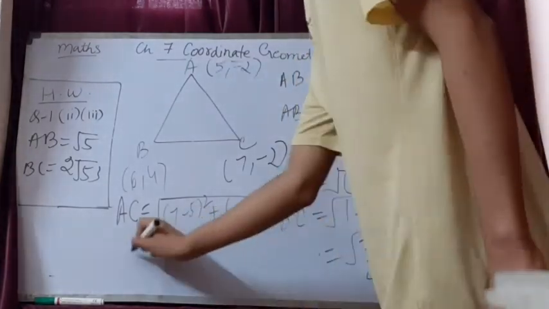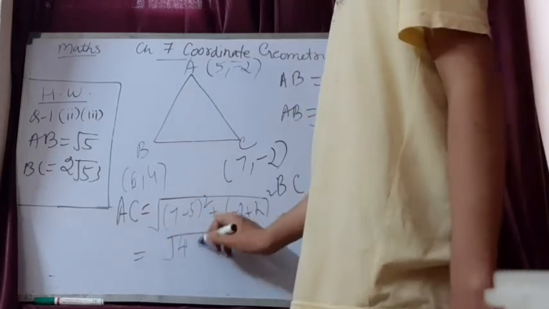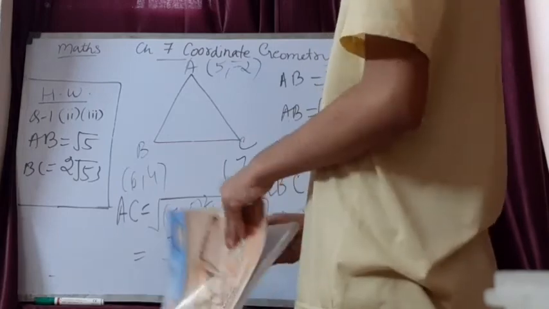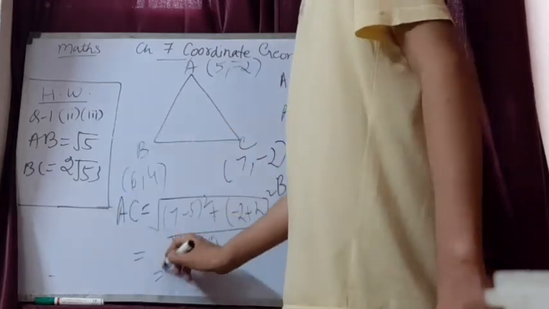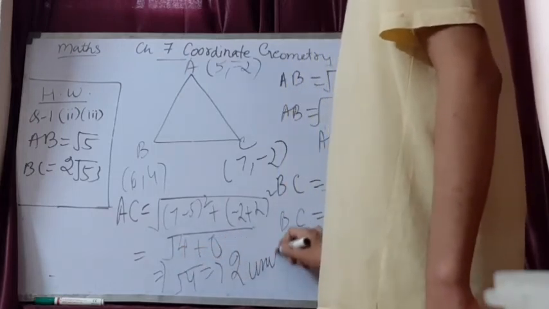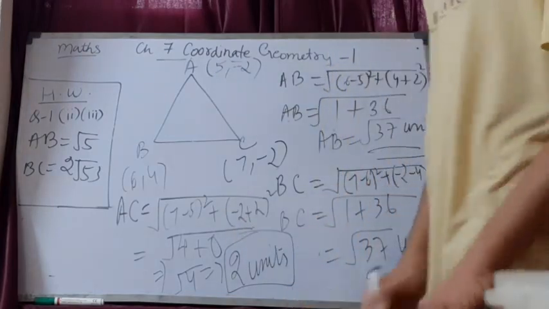Getting it? So that will give you under root of 7 minus 5, 2 square, 4, plus 0, I think, if I am not wrong, yes, 0. That will give you root 4, that is 2 units. So now this has come 2 units.